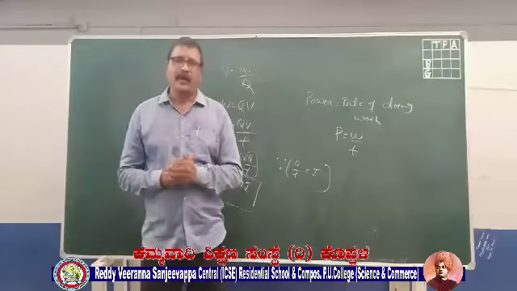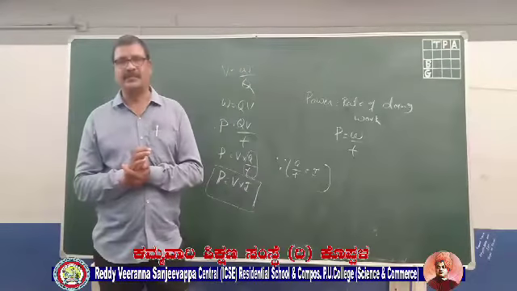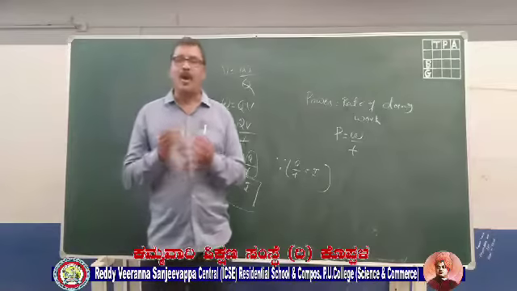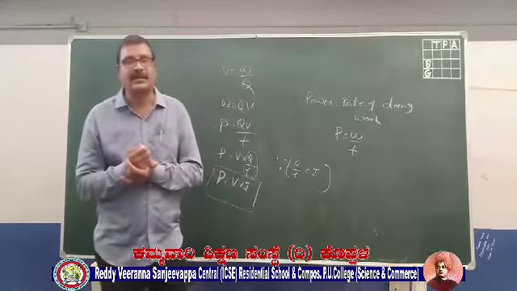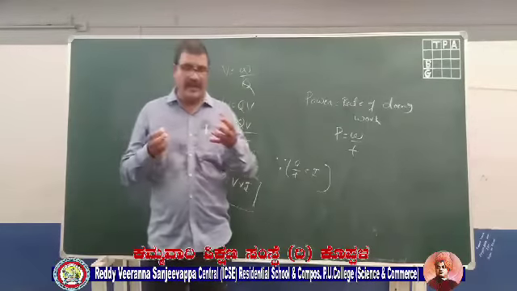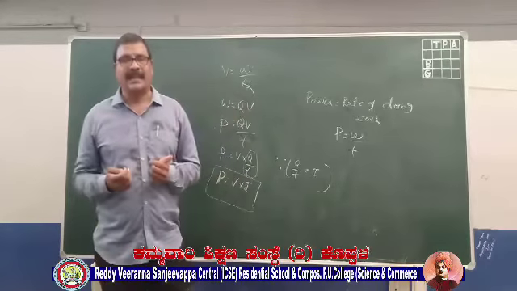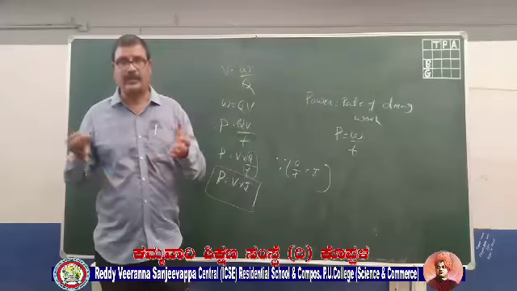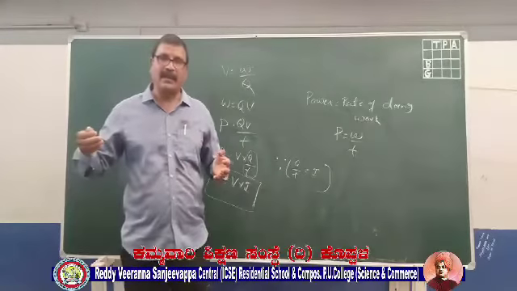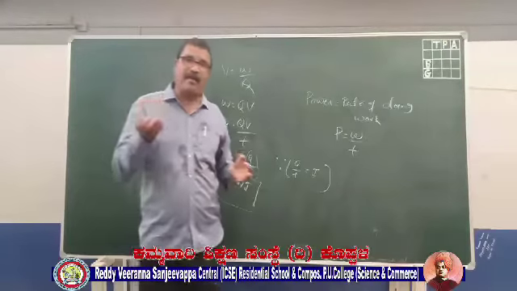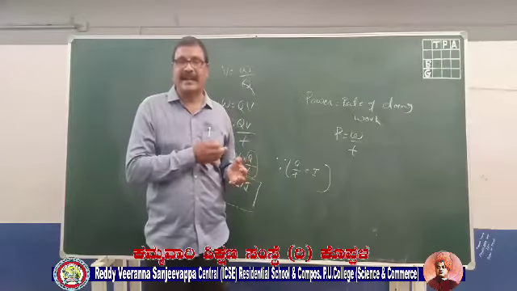Now, during our discussion of resistance, I told you how the resistance arises. Whenever we connect a conductor with a cell, as soon as you close the circuit, you have applied a potential difference to the conductor.